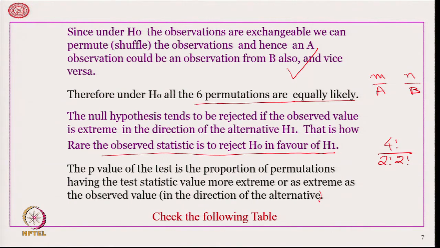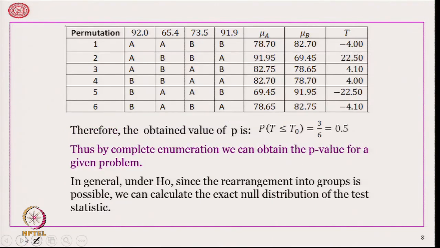So, with that, let us check the following table. We have computed for these observations all the 6 permutations. What does it mean? The first row says that these 2 could have been observations from A and these 2 could have been observations from B, whereas permutation 2 is saying that these and these are coming from observation A and these 2 are coming from observation B, the middle 2 being 65.4 and 73.5.